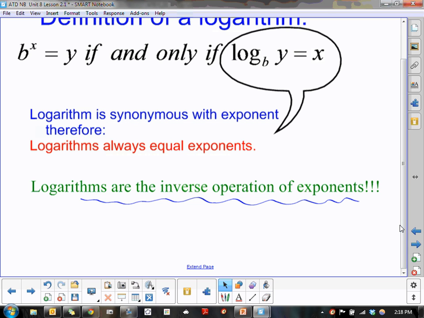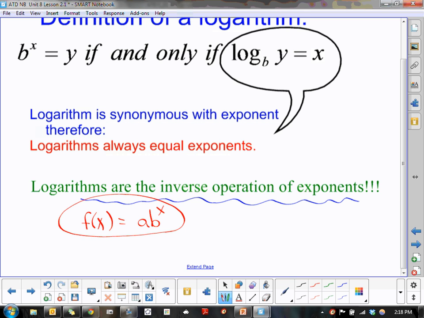So here's what we've worked with: f(x) = a times b to the x. What kind of equation is this? It's called an exponential function. We looked at several examples yesterday.